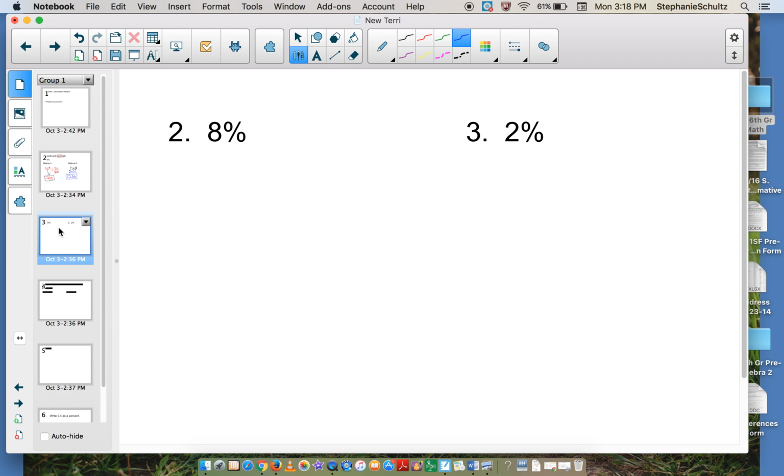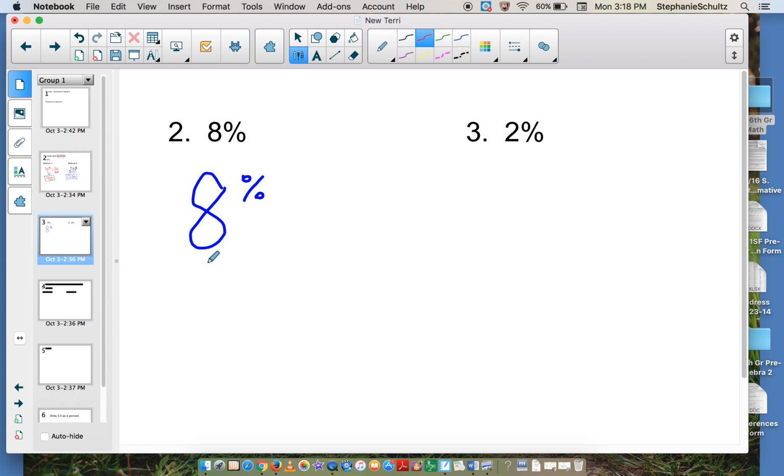And this kind of brings up that problem that we talked about before. We're going to do it the method 2 way, just because I have a feeling that most of you preferred it. So I have 8%. Who can raise their hand and tell me where the decimal would be on a whole number?